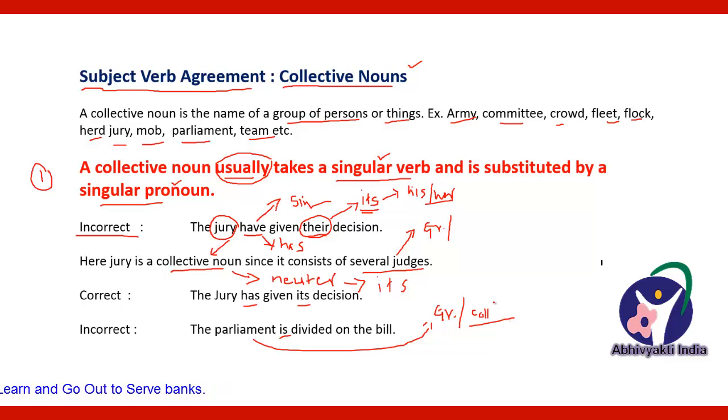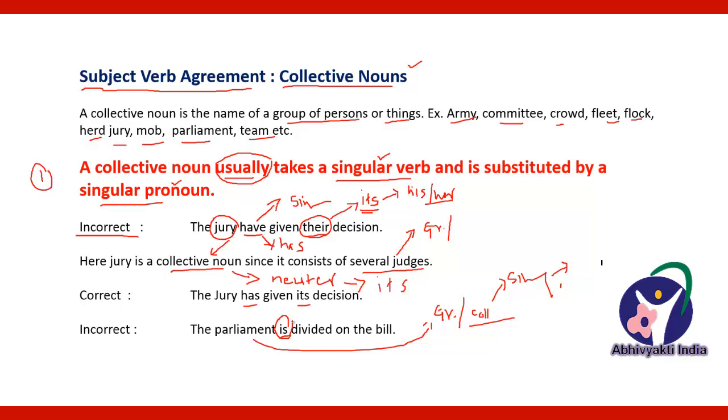And since it is a collective noun, it is singular. And since it is singular, it will take a singular verb. And is is a singular verb, and so it should be correct that the parliament is divided on the bill.